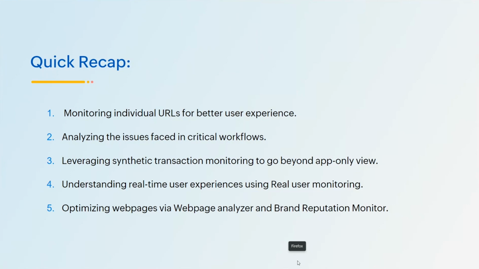And also we saw how you can leverage synthetic transaction monitoring to go beyond app-only view. We also saw how you can understand real-time user experiences using a real user monitor, and how you can optimize web pages with the help of a web page analyzer and a brand reputation monitor.